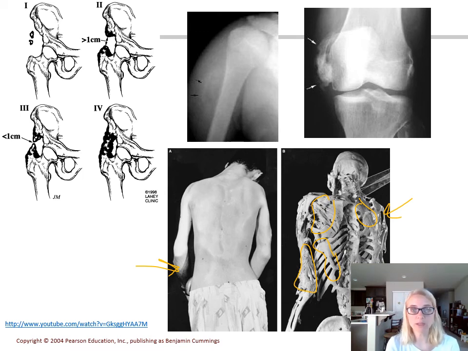Normal skeleton formation is converting cartilage or connective tissues into bone, which is normal ossification. In this particular disease, it's called FOP. I can't remember what the F stands for.